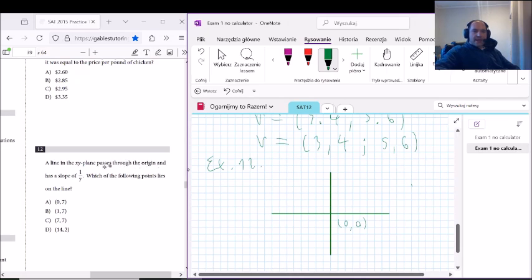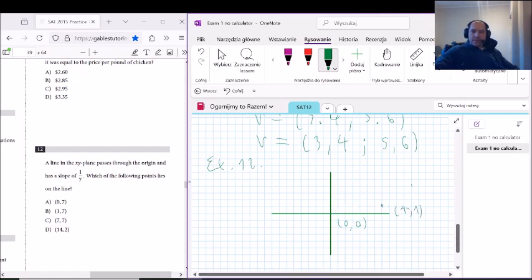So our line goes through point 0, 0 and has a slope of 1/7. Slope of 1/7 means that if you move by 1 on the x-axis, you have to move by 1/7 up on the y-axis. Another way of saying it, if you move by 7 on the x-axis, you move by 1 on the y-axis. So our line also goes through point 7, 1.